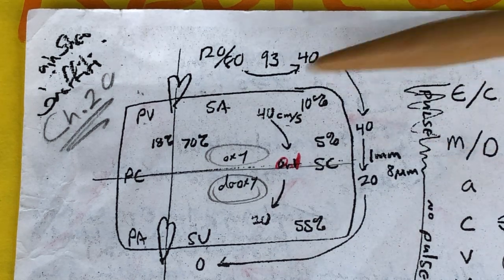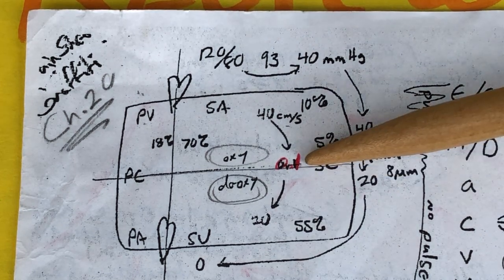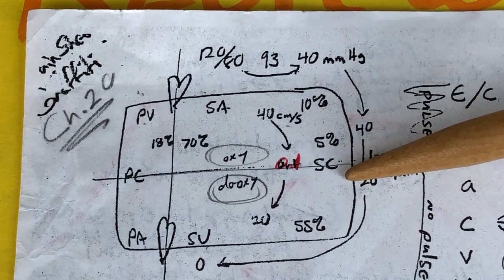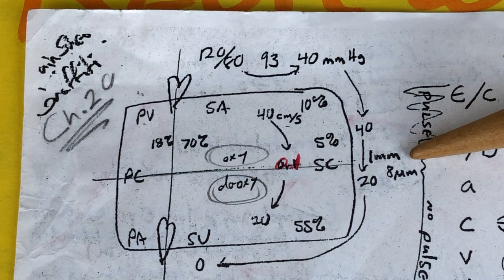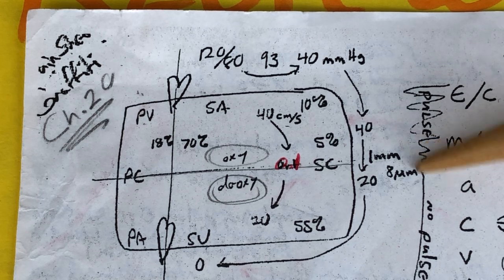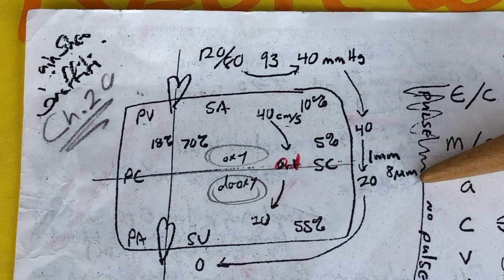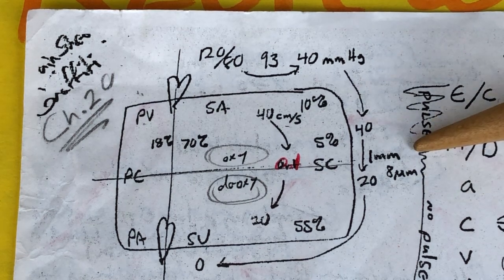Another thing that's significant in this quick story is the speed of the blood going through the systemic capillaries is approximately 0.1 centimeter per second. However, if we change that over to millimeters per second, well, that'd be 1 millimeter per second. But then if we stop to consider that the average systemic capillary is approximately 1 millimeter long and about 8 to 10 micrometers wide, suddenly there's a lot of interesting stuff right here.